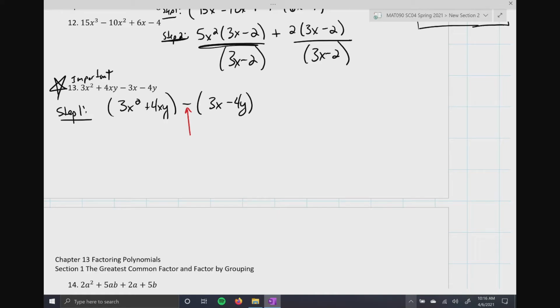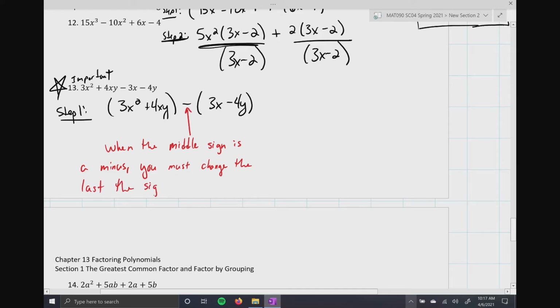So here's what I need you to write. Now, if you want to, you can pick up your pencil and write this exactly as I have it. Draw an arrow to that minus sign and put: when the middle sign is a minus, you must change the last sign.